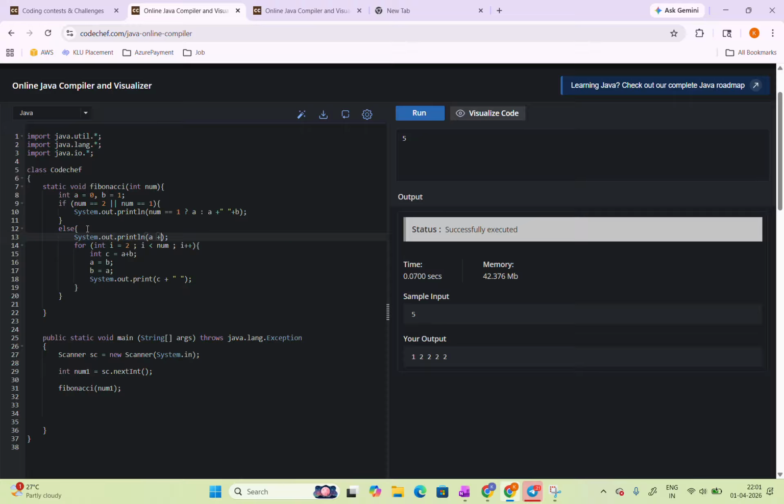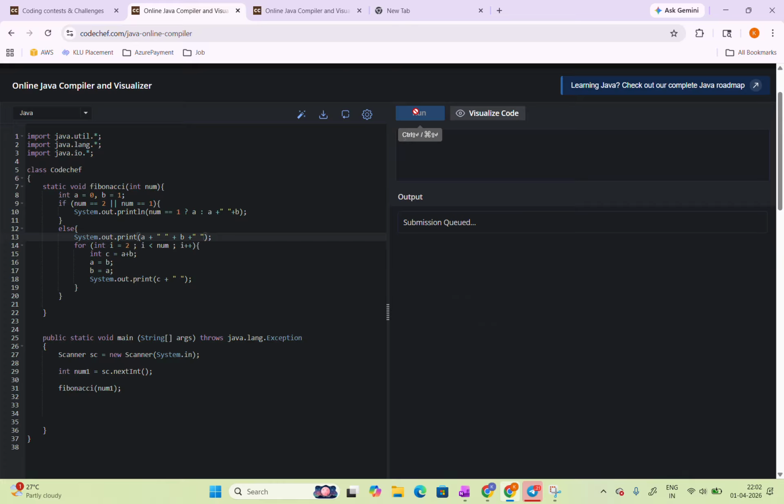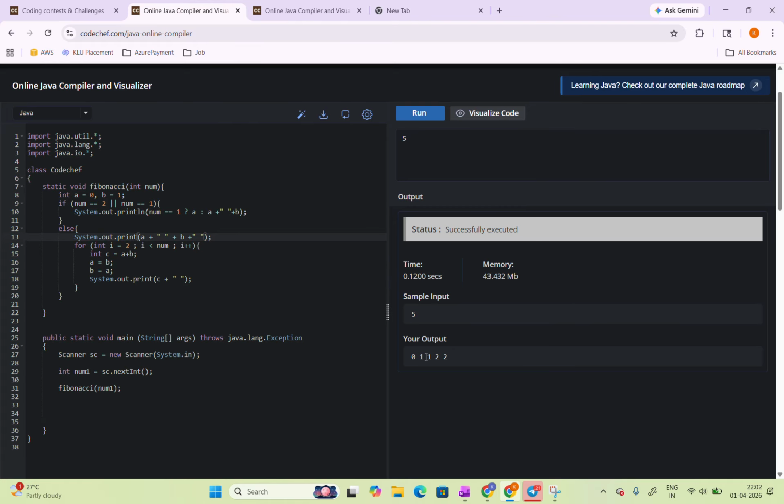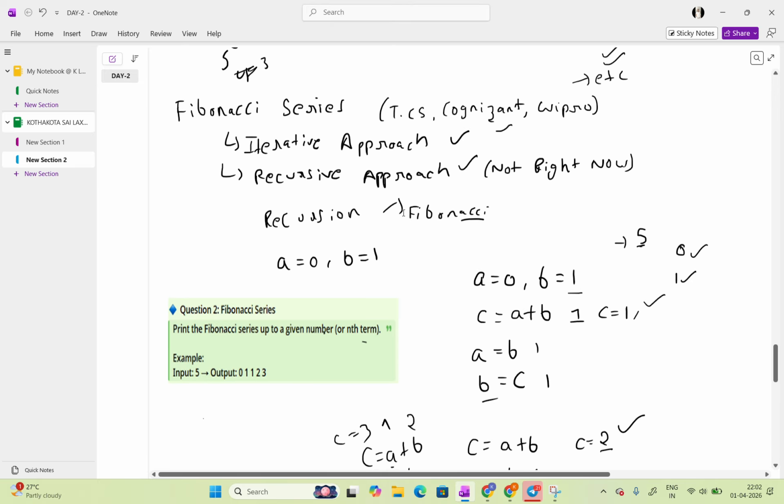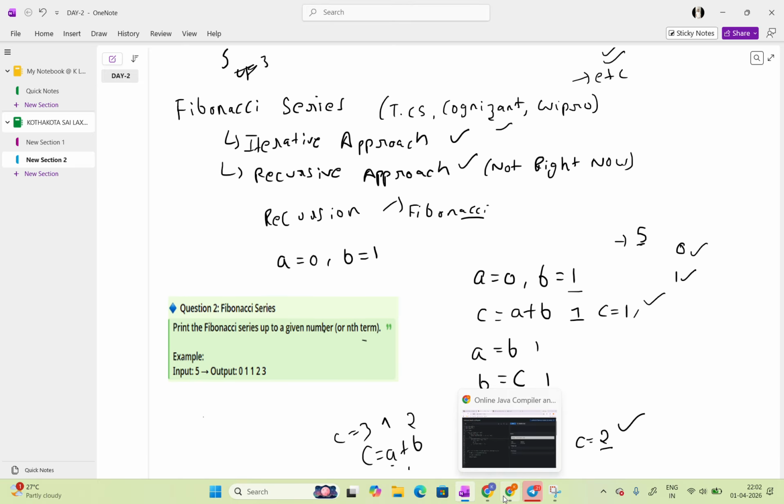System.out.println. The output is 0, 1, 1, 2, 3.